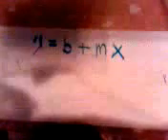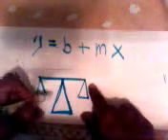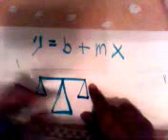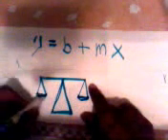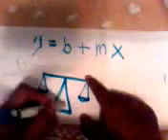Well, the first thing that we have to remember is that the equation is like a balance, that helps us to find equal weight, or equal mass, between both sides of the balance.